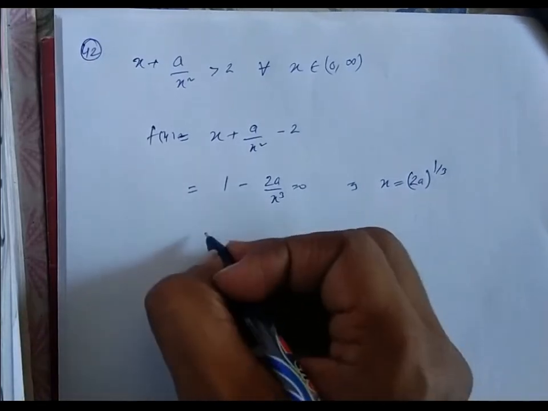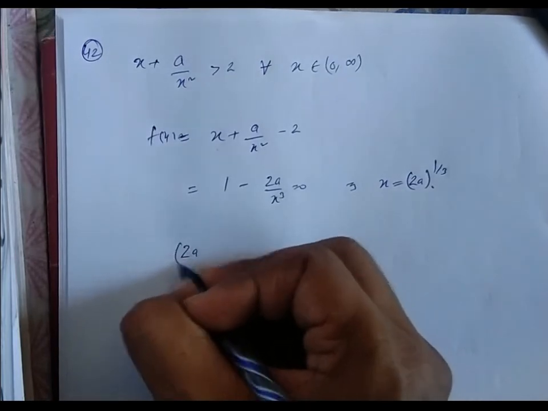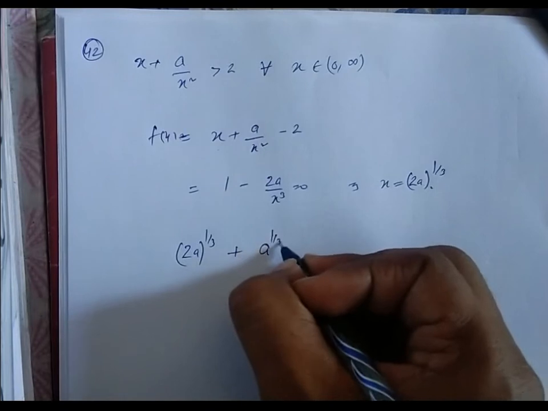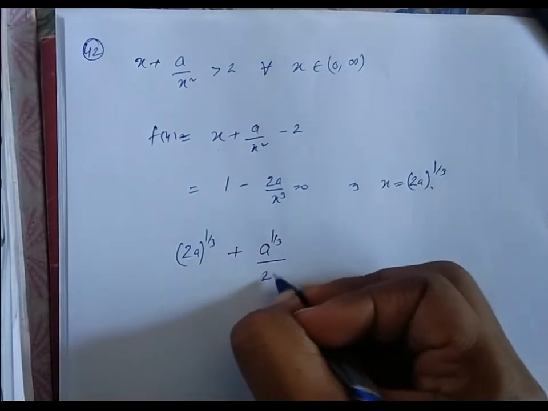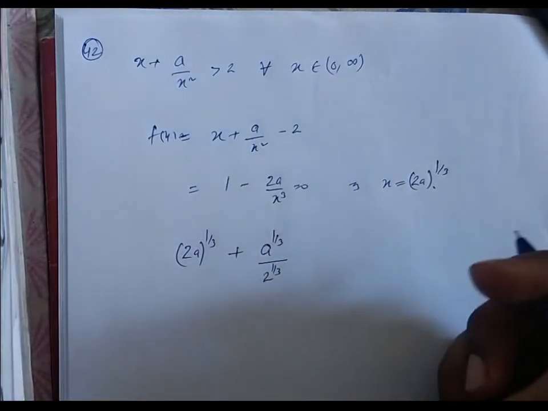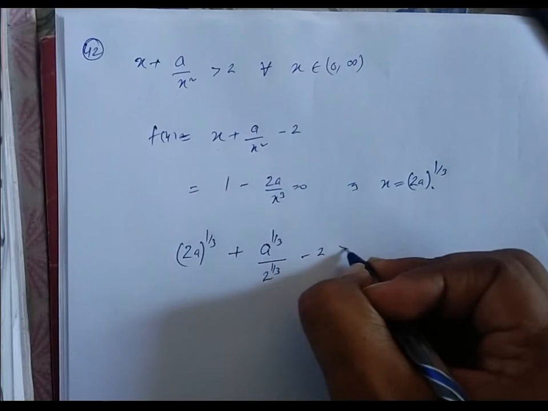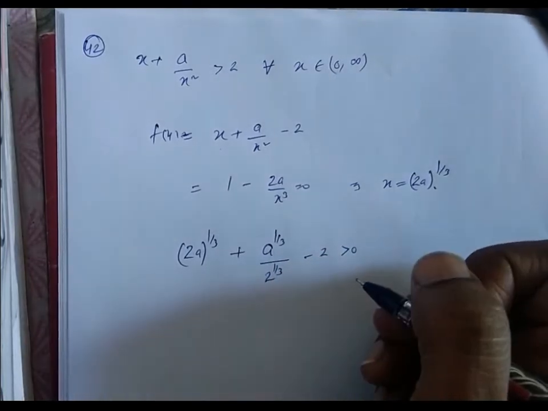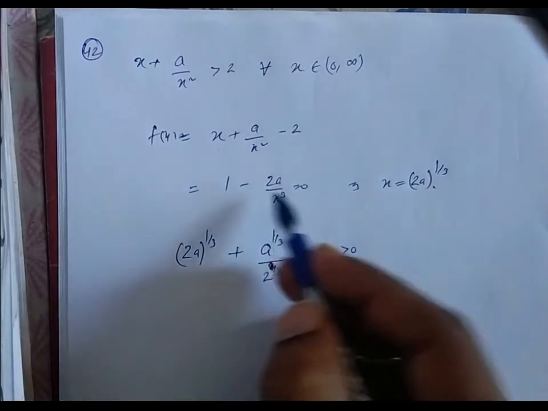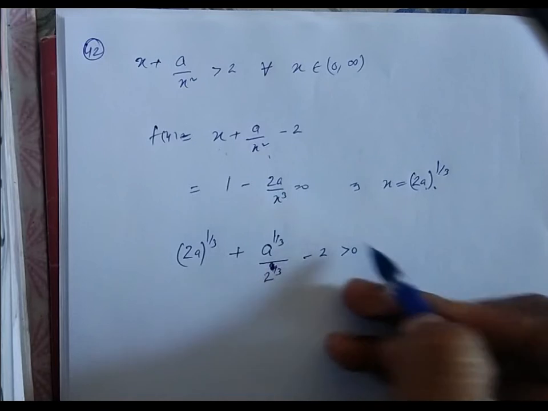So putting this value of x over here, so (2a) power 1 by 3 plus a upon (2a) power 2 by 3 minus 2 is greater than 0. Okay, so this will be 2 power 1 by 3, 2 power 2 by 3, a power 1 by 3.